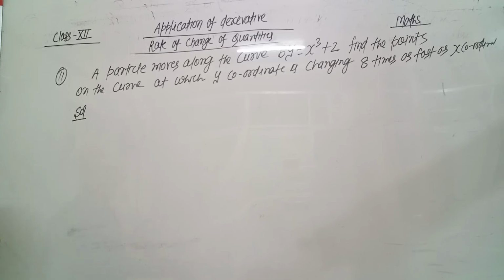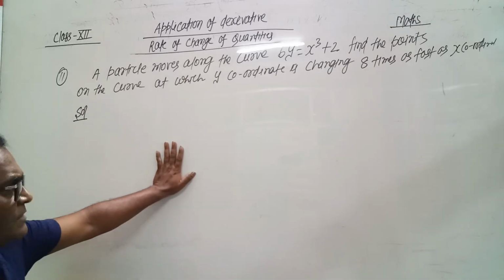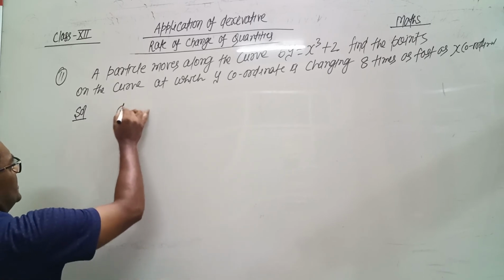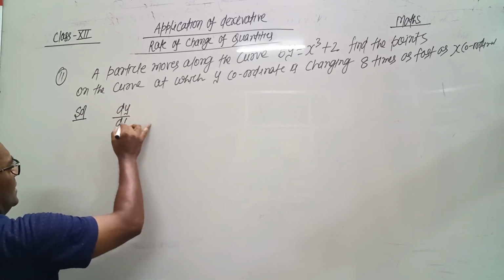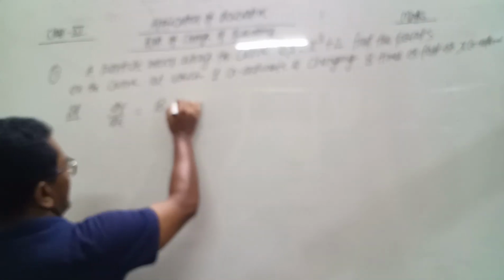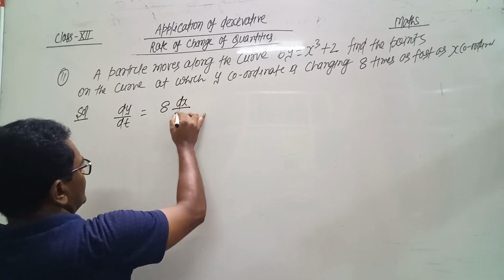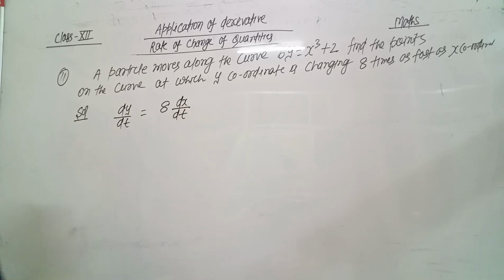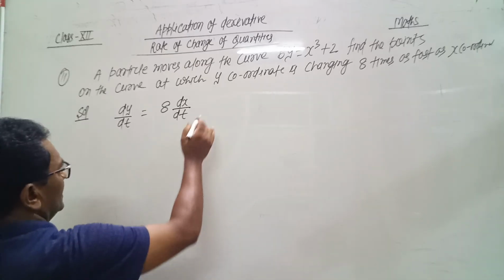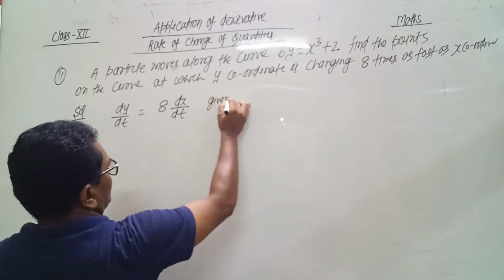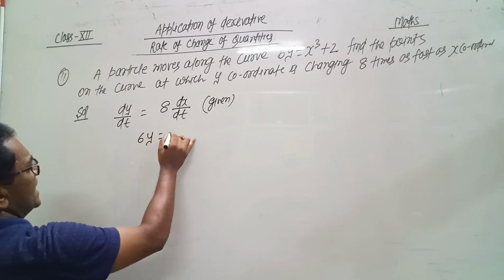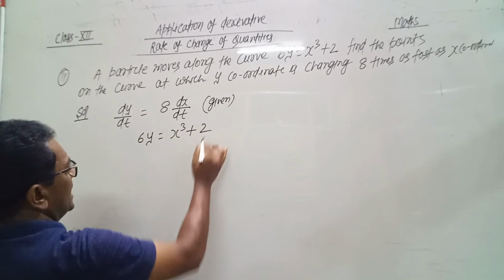We have to find the values of x and y at which the y coordinate is changing 8 times as fast as the x coordinate. That means dy by dt equals 8 times dx by dt. This is given.